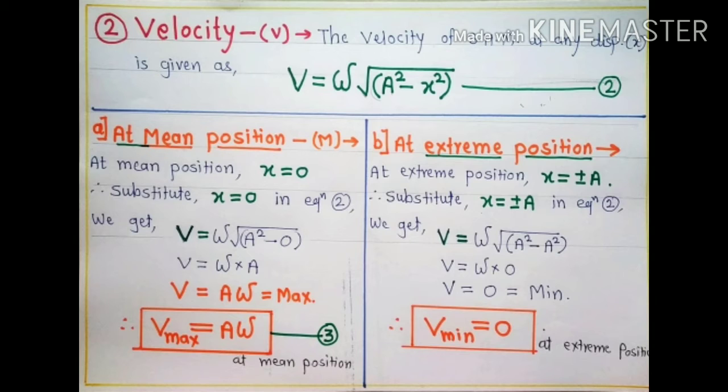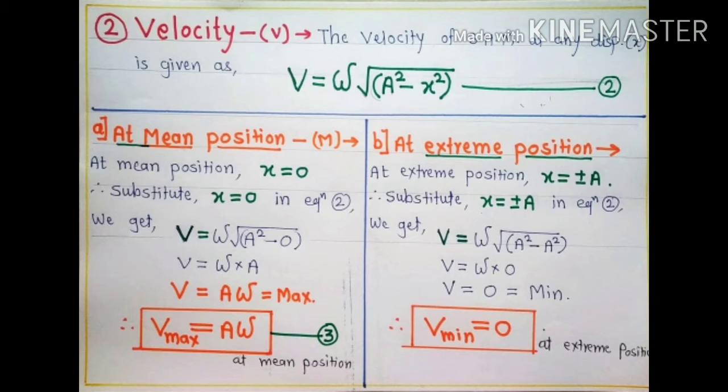In this equation 2, for a given SHM, omega is constant and capital A is constant, and therefore the value of velocity depends upon displacement x. To find the value of velocity at mean position and at extreme position, we substitute the value of x at mean position as well as at extreme position.